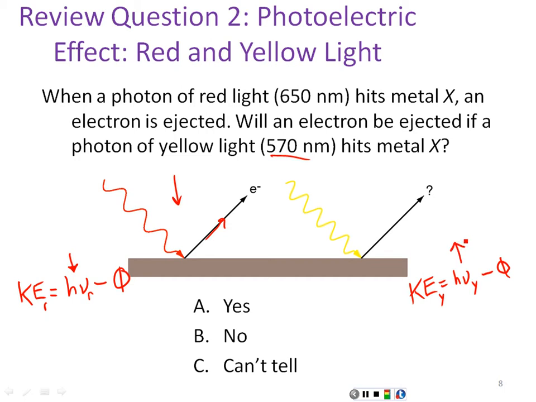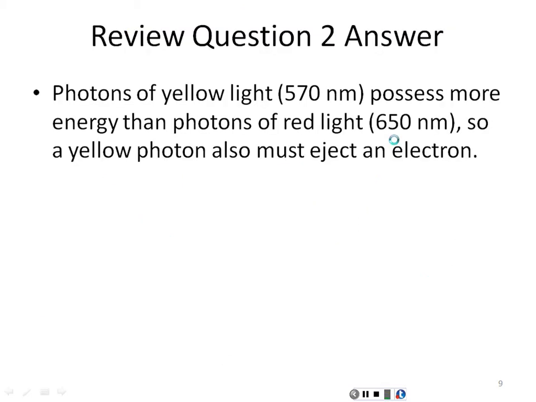So if red light, which is lower energy, kicks off an electron, that means yes, yellow light will also kick off an electron from this metal. The real key here is to think about the light in terms of energies. The photons from yellow light have more energy than the photons of the red light.